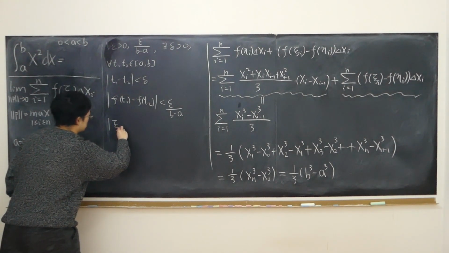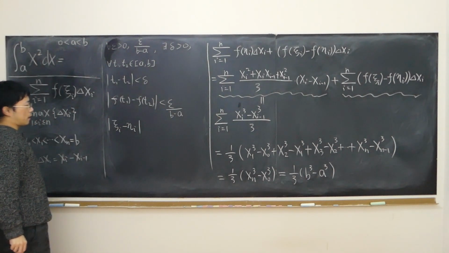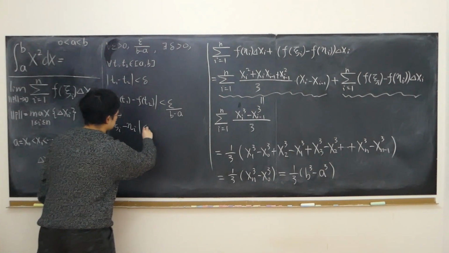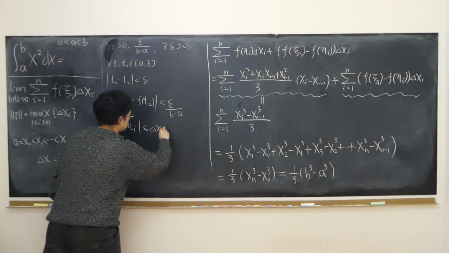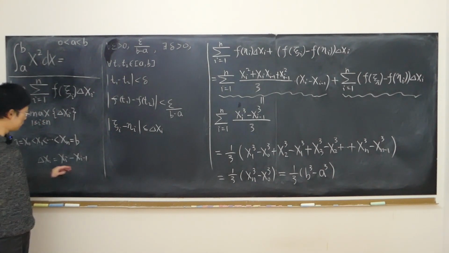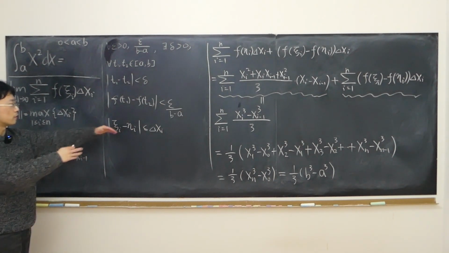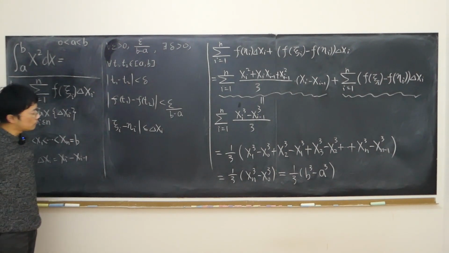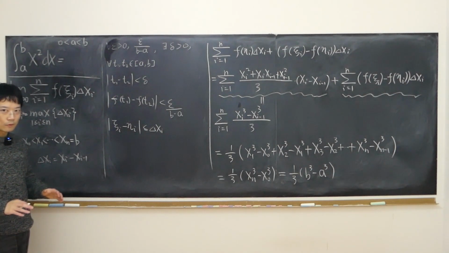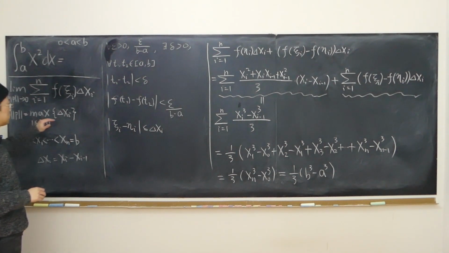So Xi minus eta I, their distance has to be no larger than the length of the interval, right? The length of the interval xi minus 1 xi is denoted as delta xi. Those two points both live inside the interval, and this interval is no larger than the maximum, the norm of the partition, right?